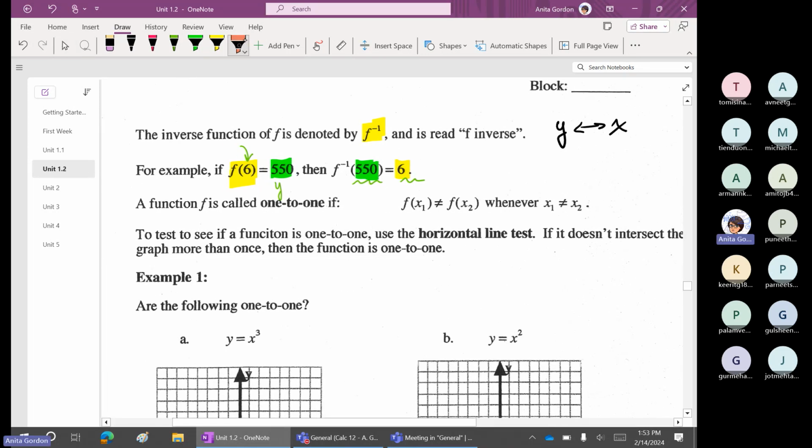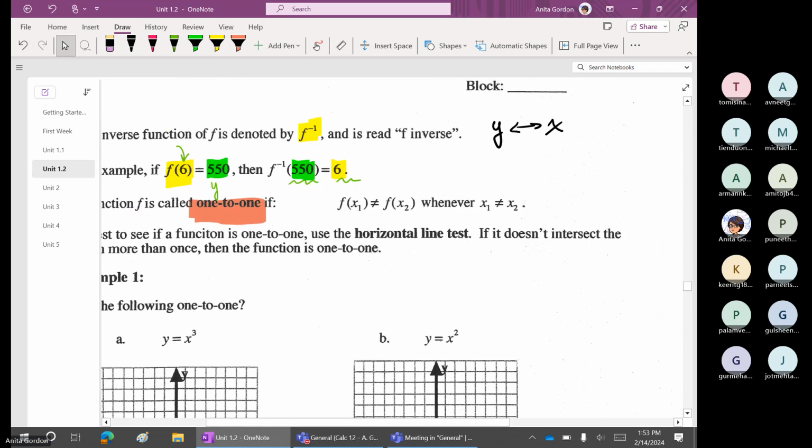A function is called one-to-one. We would have done this in Calc 12. A function is called one-to-one if any output f of x1 cannot equal any other output f of x2, where x1 and x2 are different.